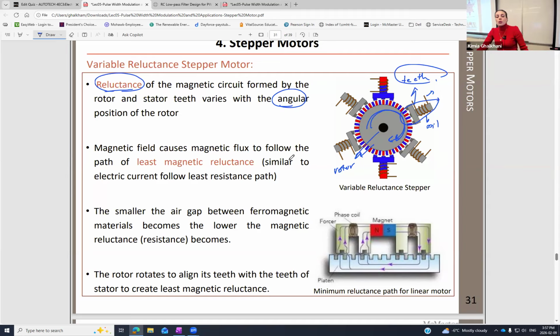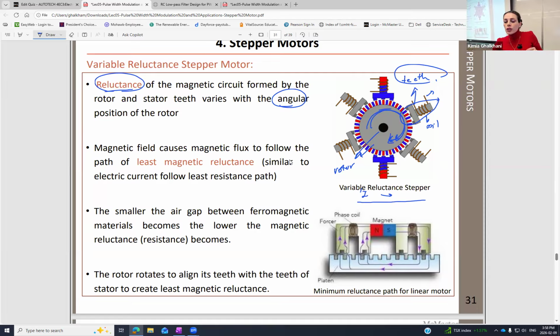It is very similar to having a wire with electrical current passing through it. Therefore, reluctance is moving.